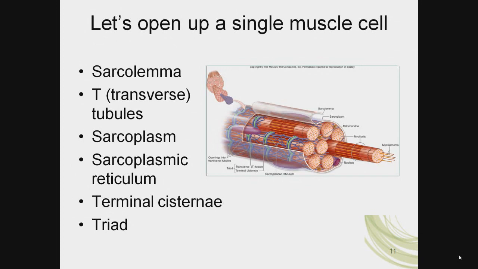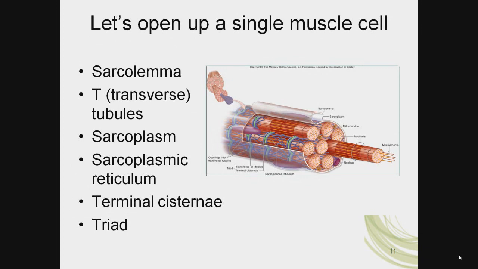Notice on either side you have these swollen ends of the sarcoplasmic reticulum. That's the blue net-like structure. So you have the swollen ends of a sarcoplasmic reticulum on either side of a T-tubule. This creates a triad. Triad means 3. And I tell my students, think of 3 T's together.